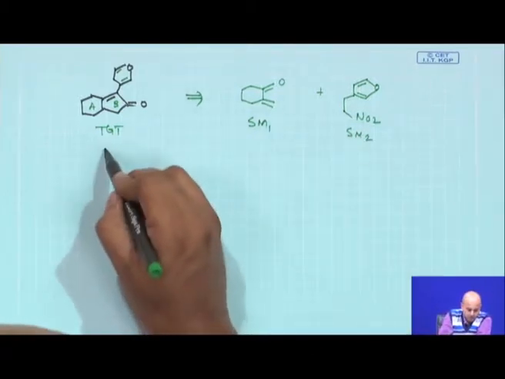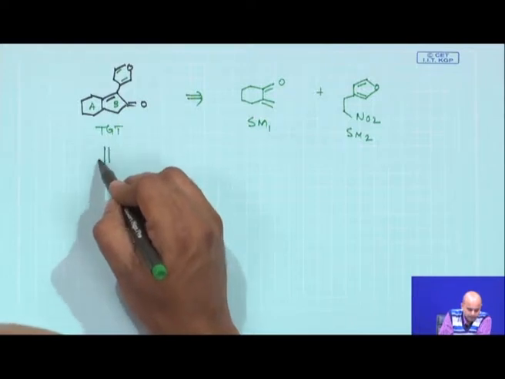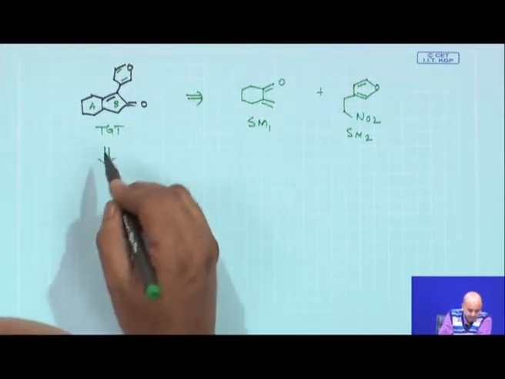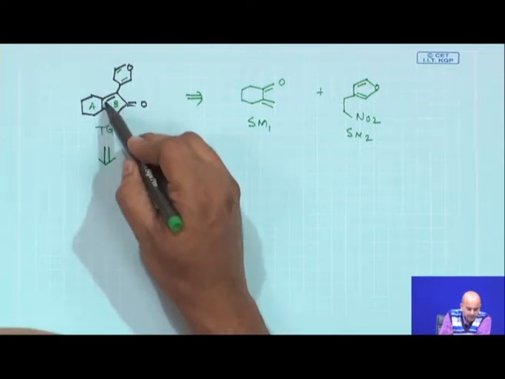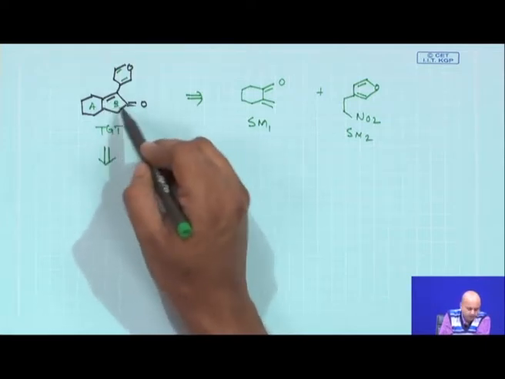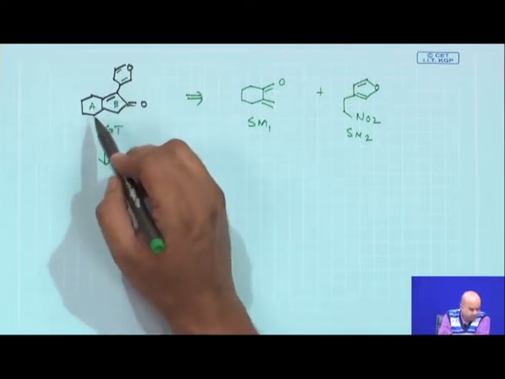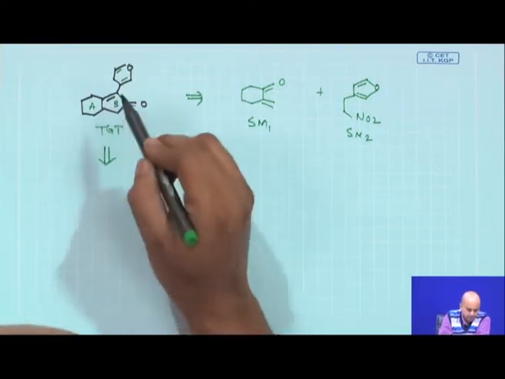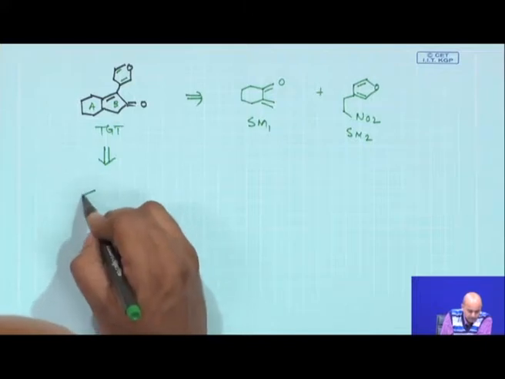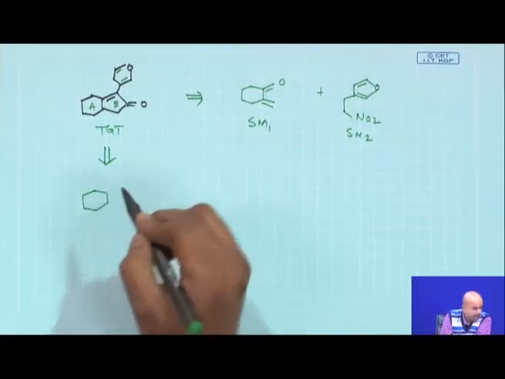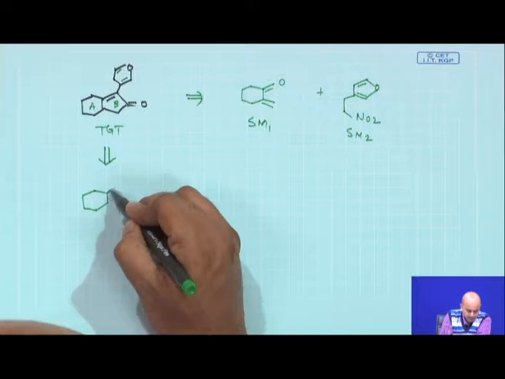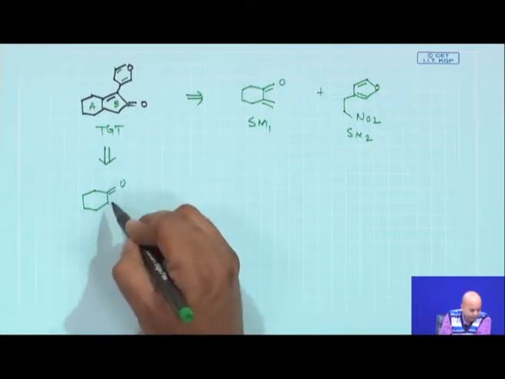Now, we will do a retro pathway. This molecule has an alpha beta unsaturated part, and we can construct it through an intramolecular aldol dehydration, which is always our preferred pathway.